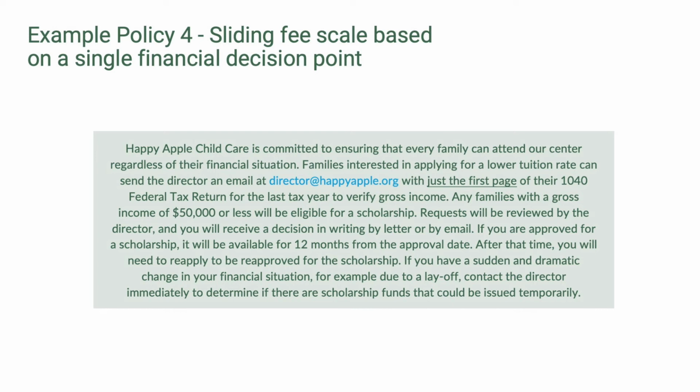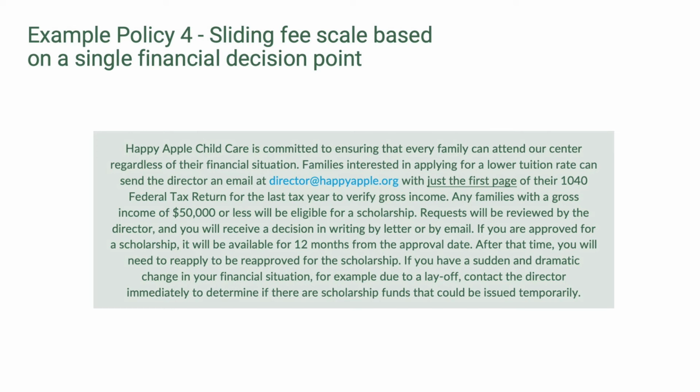Families interested in applying for a lower tuition rate can send the director an email with just the first page of their 1040 federal tax return for the last tax year to verify gross income. Any families with a gross income of $50,000 or less will be eligible for a scholarship. Requests will be reviewed by the director and you will receive a decision in writing by letter or email.